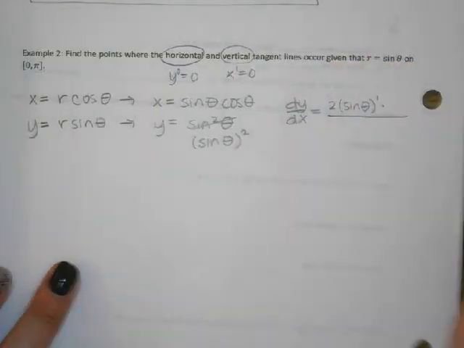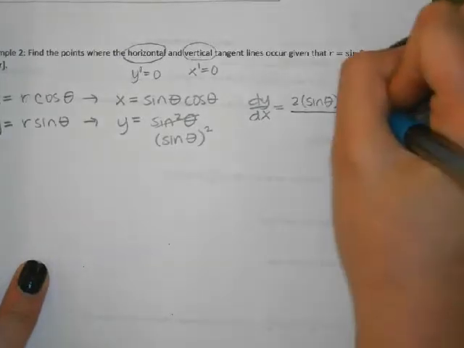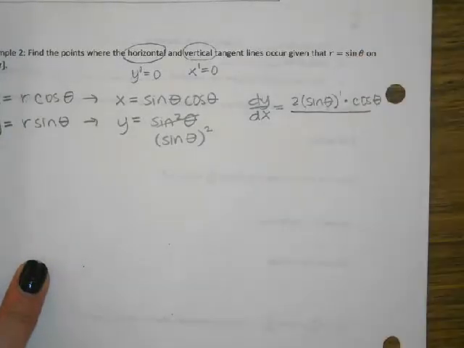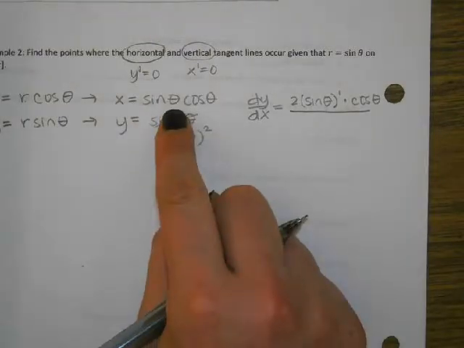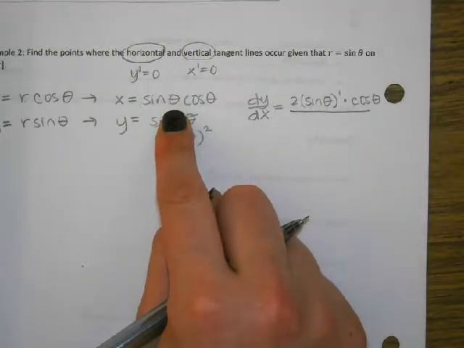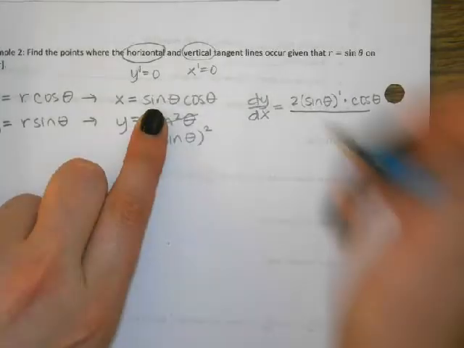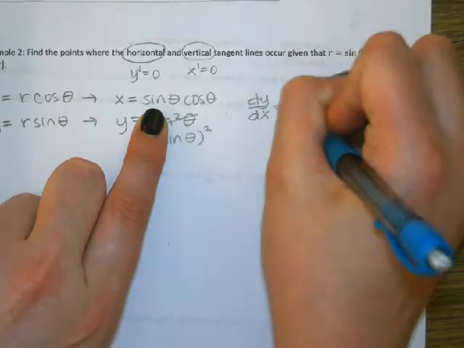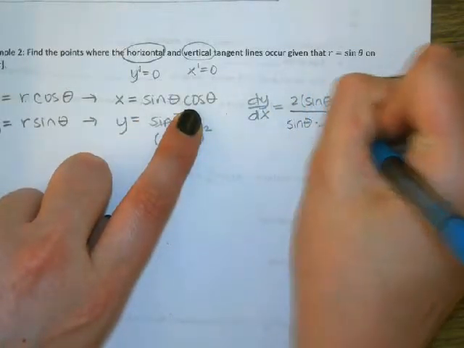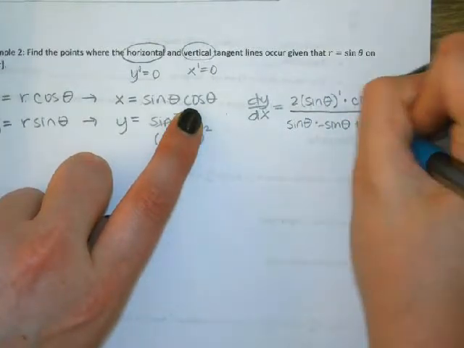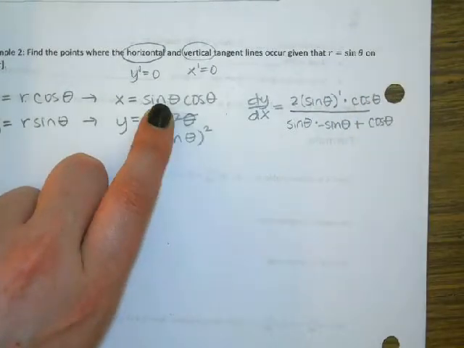We did the derivative of the outside times the derivative of the inside. And then how about the derivative of x? First times the derivative of the second plus the second times the derivative of the first.